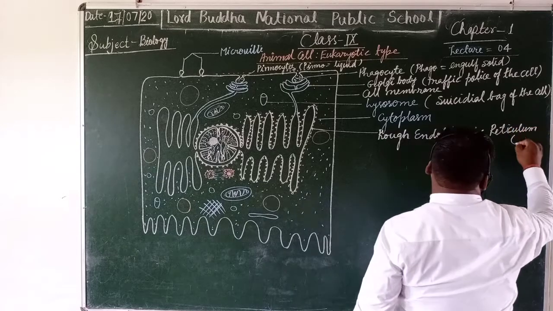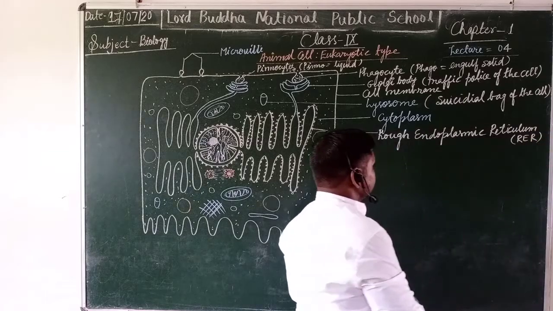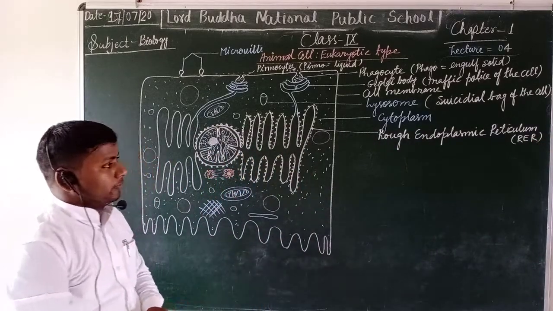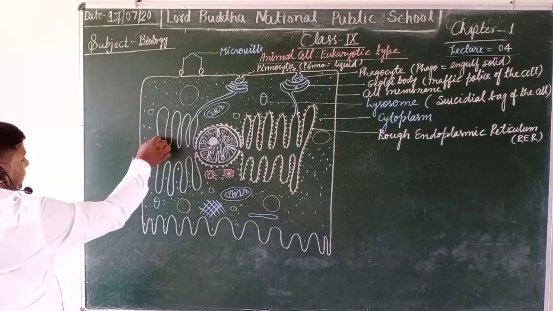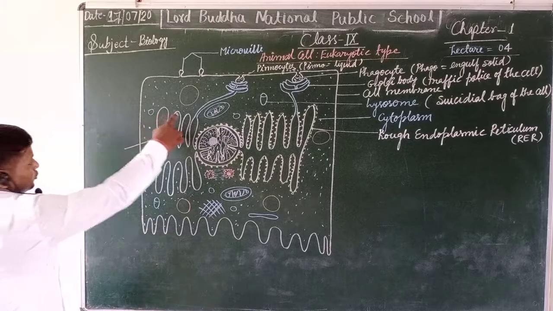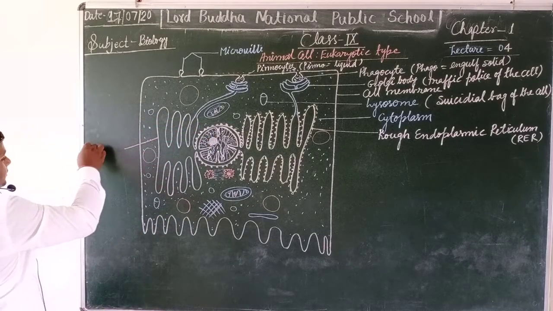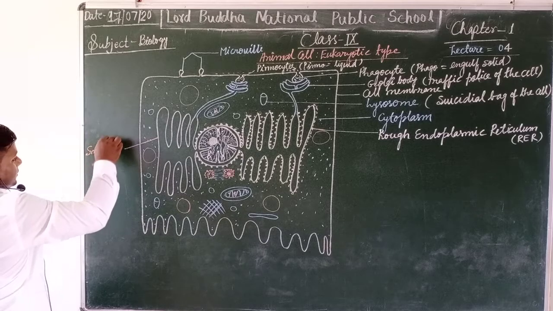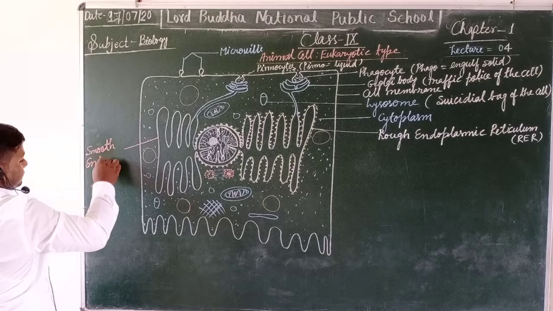In short, you can abbreviate it RER. R stands for rough, ER for endoplasmic reticulum. Likewise, here there is an absence of ribosome particles on the surface of the endoplasmic reticulum. That's why it is regarded as smooth endoplasmic reticulum.